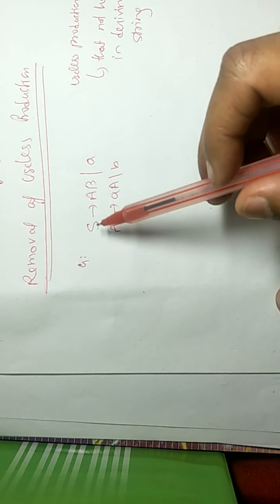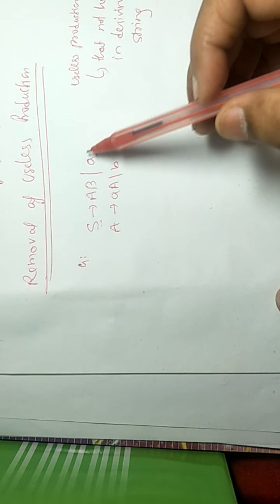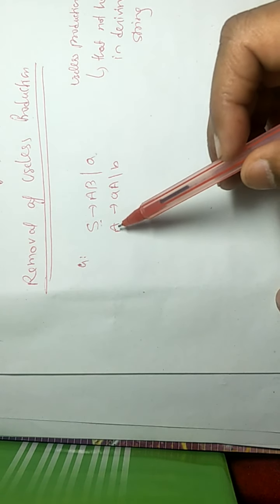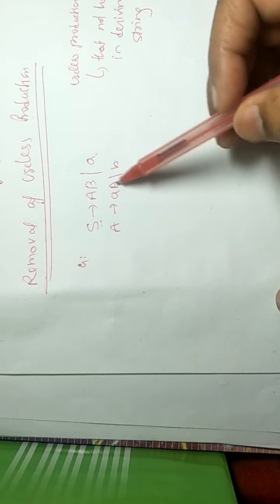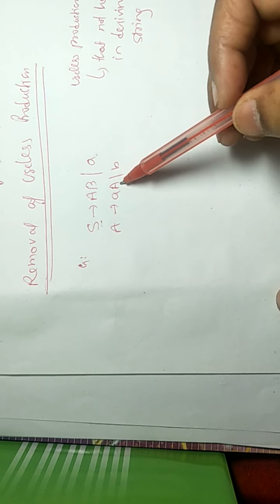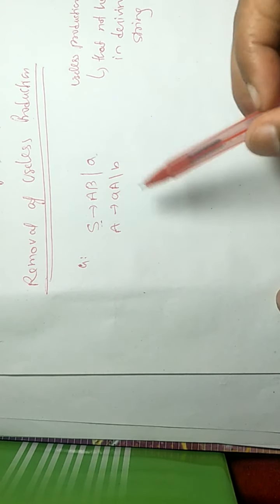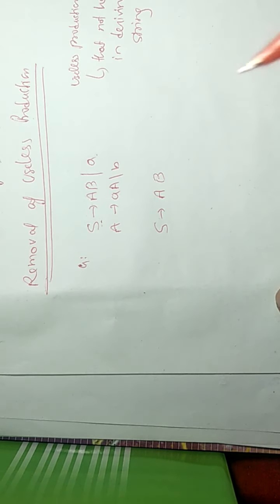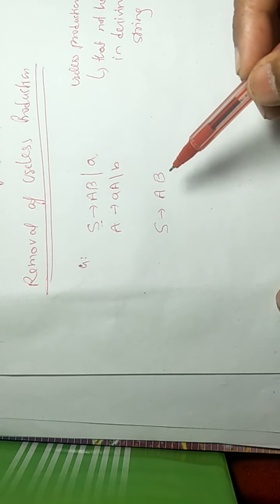So look carefully. Here we have S tends to A, so we can derive it. And look at this production. Using A we can derive any number of A, and at the end we can put B. But look at the production S tends to AB. Can we derive any string from it?